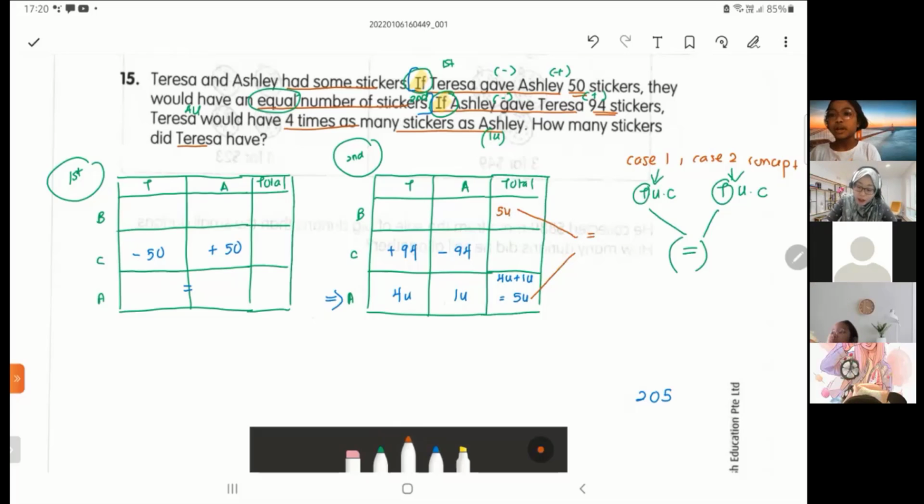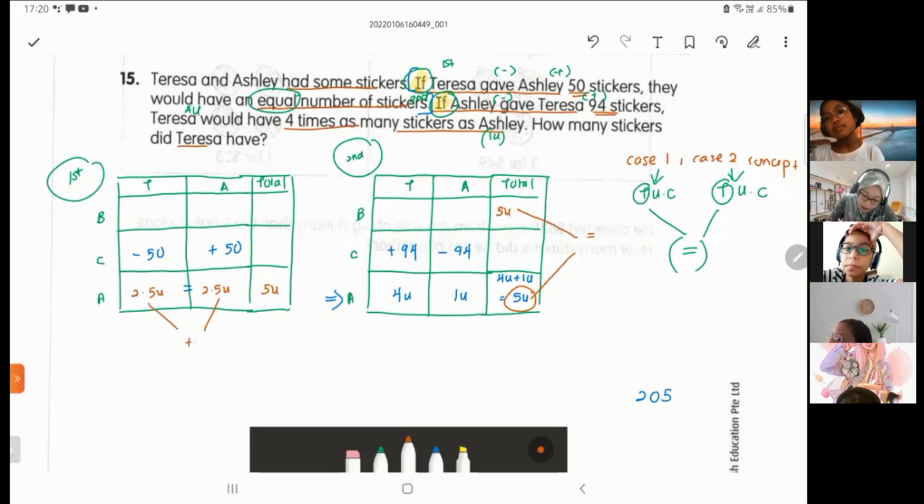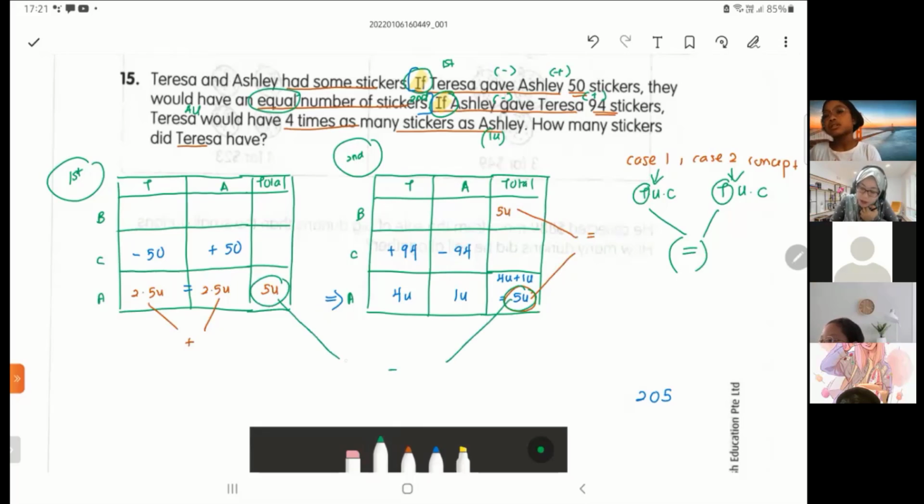Now, if this is 5 unit here, then here must also be 5 unit, which means these two will have equal, about 2.5 units and 2.5 units. Why is that so? Because when you add together, you get 5 units. I take 5 divided by 2. You understand? Okay. So this and this have to be the same.